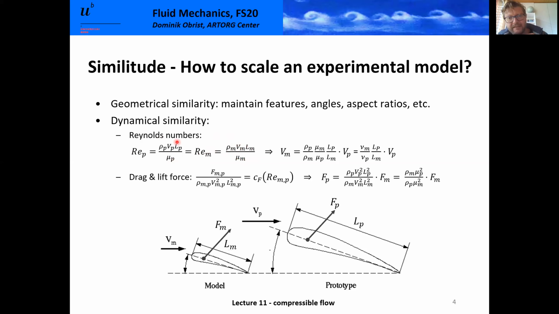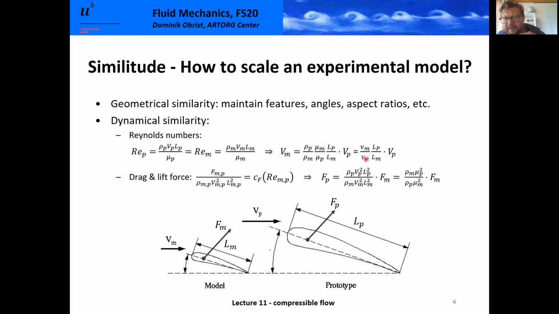So if we take this equality, these two terms, like the second term and the fourth term, and we say they must be equal, we can regroup the terms and rewrite this to get a formula for the model velocity, which should be equal to these ratios of density, viscosity, and length times the velocity in the actual problem.